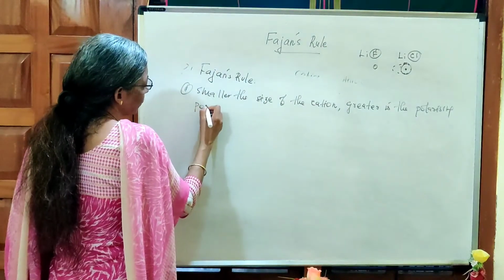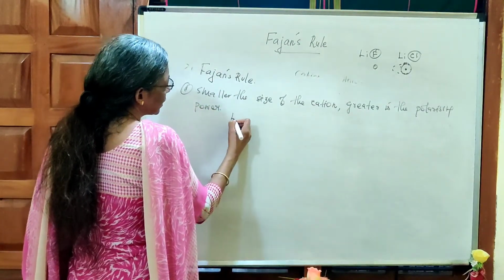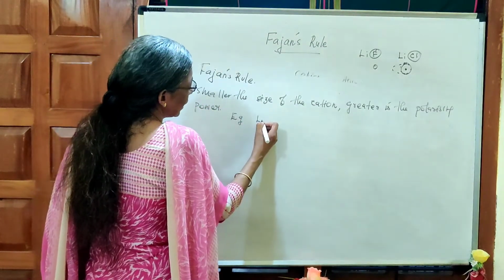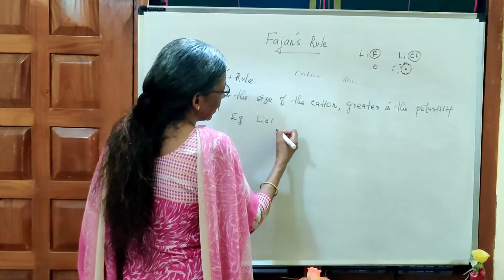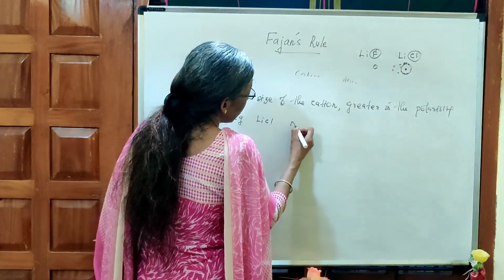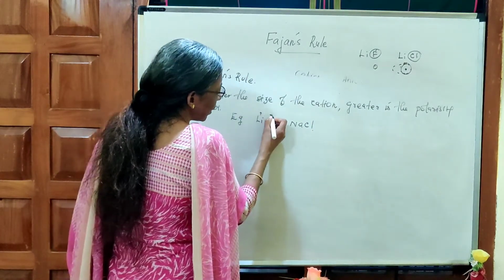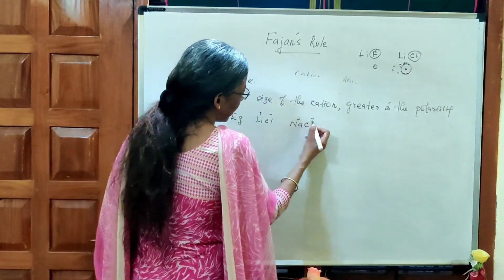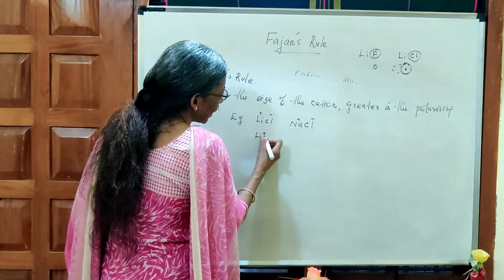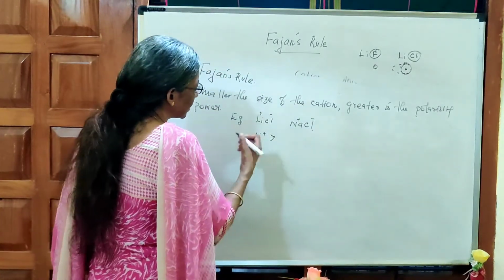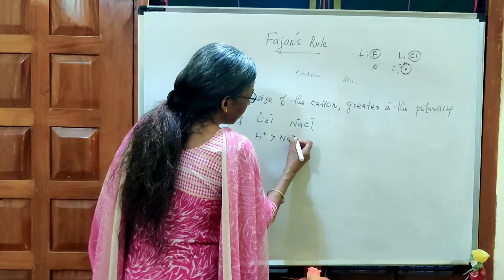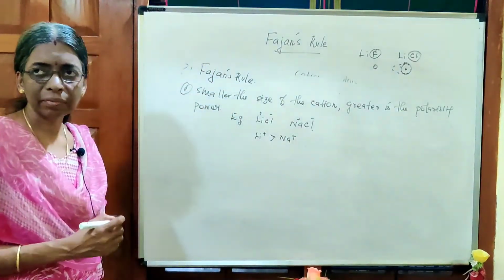Example: lithium chloride and sodium chloride. Here this is plus, this is minus. So Li plus has greater polarizing power than Na plus. Is it clear? That's the first point.